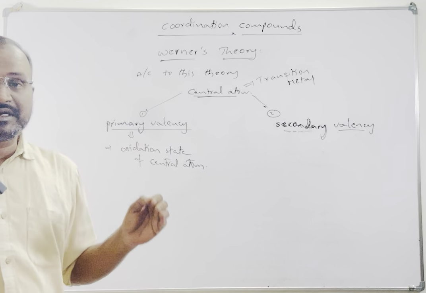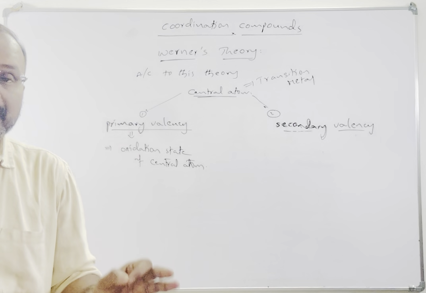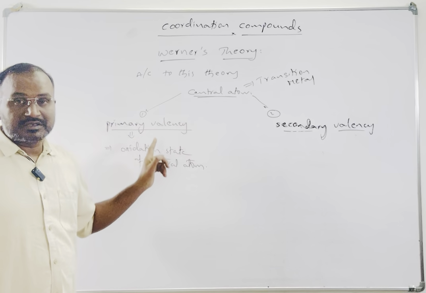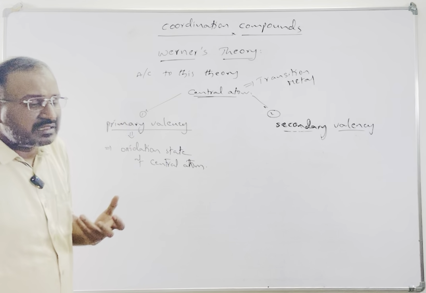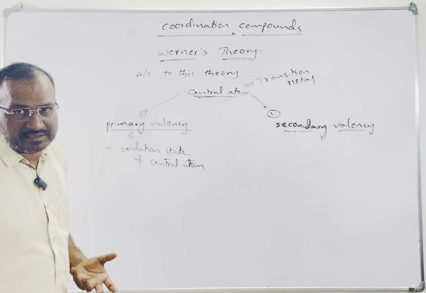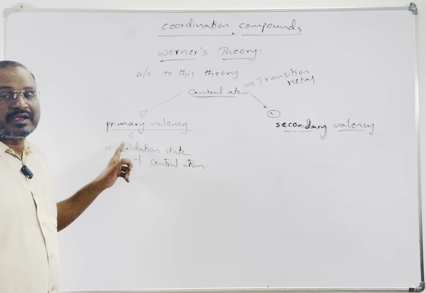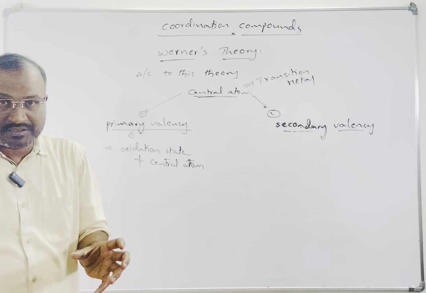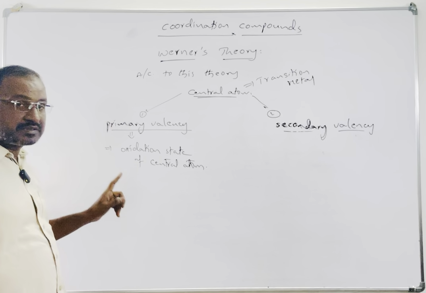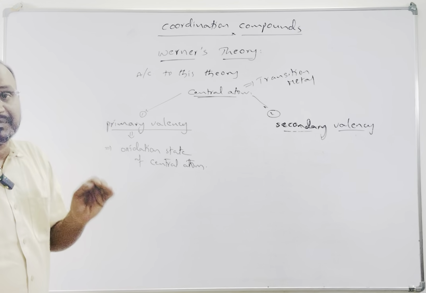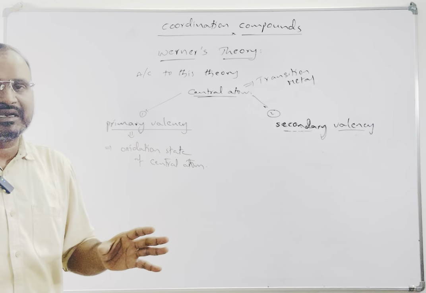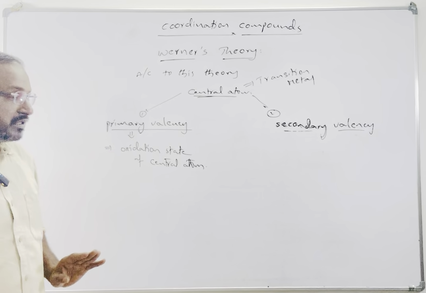Usually the metals have positive oxidation states. That's why this valency has a positive nature, a positive charge. Why? Because transition metal atoms or complex-forming metal atoms usually have positive charge.